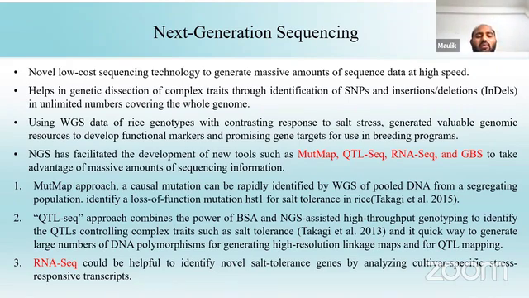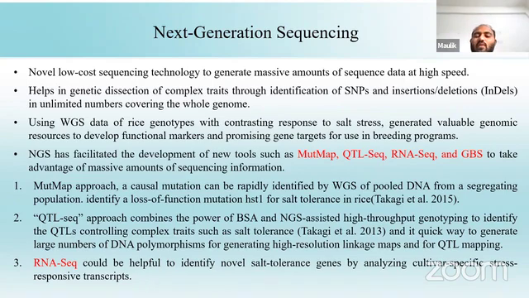In the MutMap approach, the causal mutation can be rapidly identified by whole genome sequencing of pooled DNA from a segregating population. So it identifies the loss of function mutation responsible for salinity tolerance, in Takagi 2015. What is the QTL-seq approach?